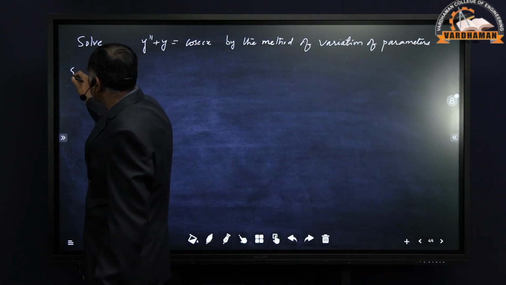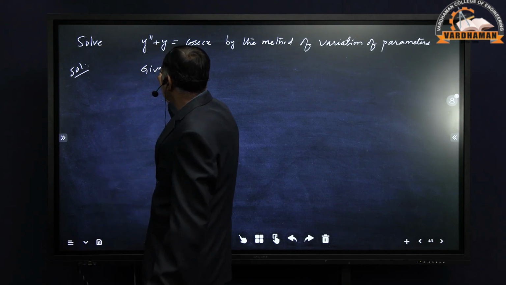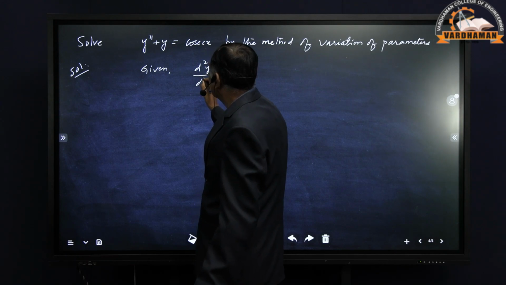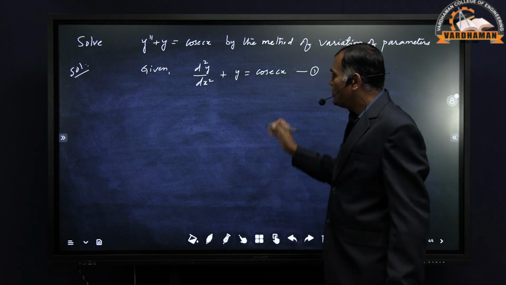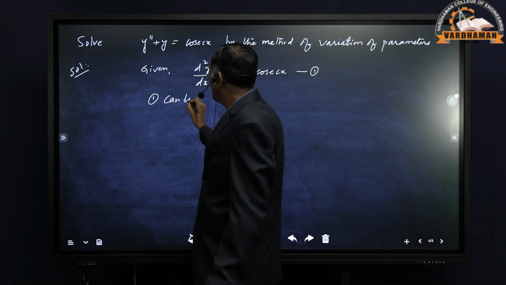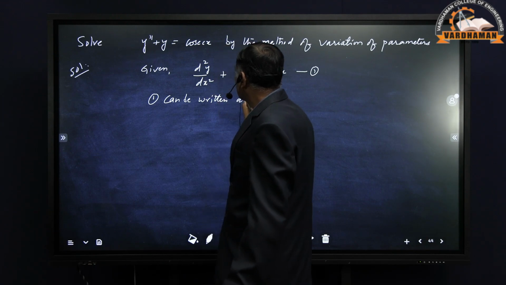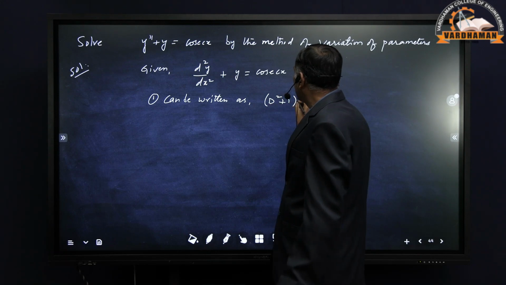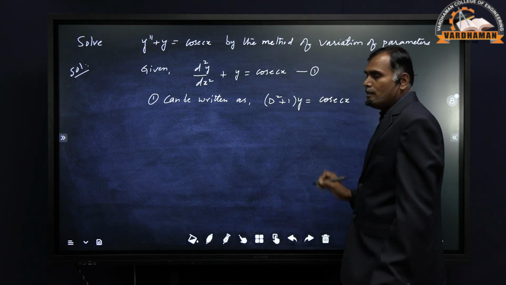Now to find the solution of this one, first write down the given problem. d square y by dx square plus y, let us say this is 1. Write this in operator form. 1 can be written as D square plus 1 into y equals cosecant x.